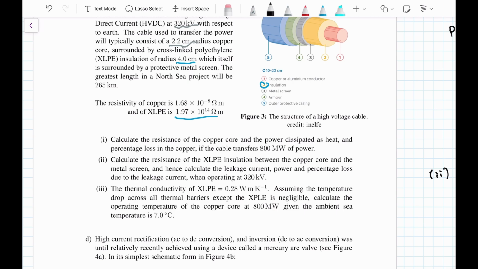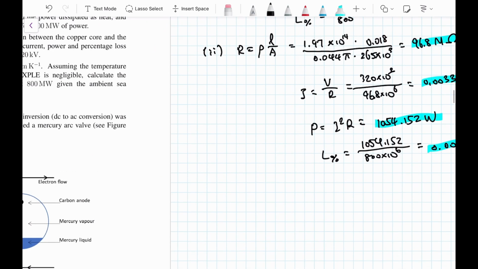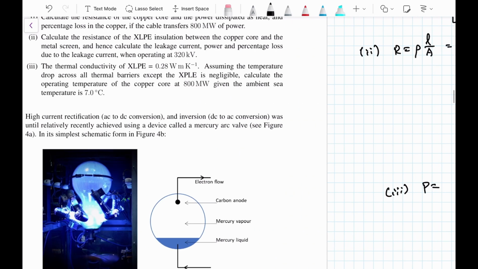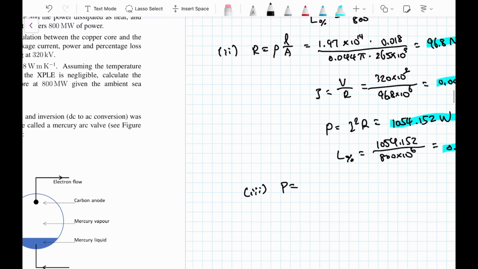And in this case, that will be simply the power, the voltage times current, which is given as 800 megawatts.